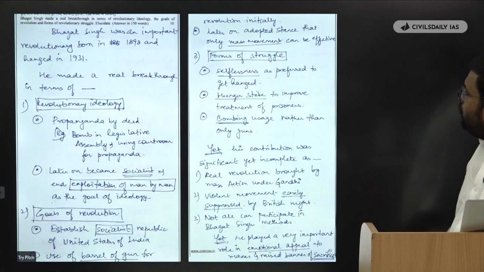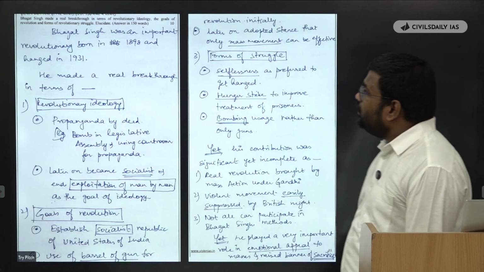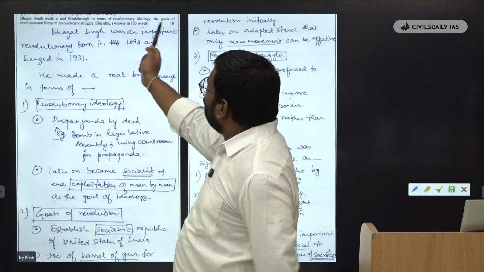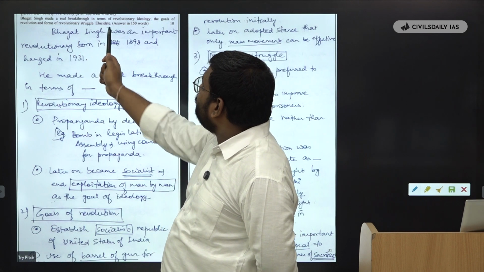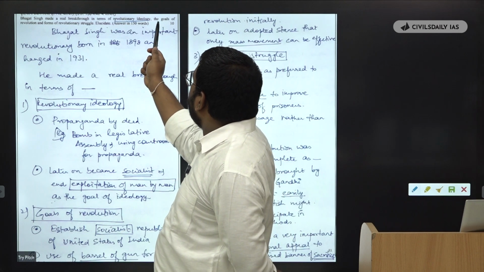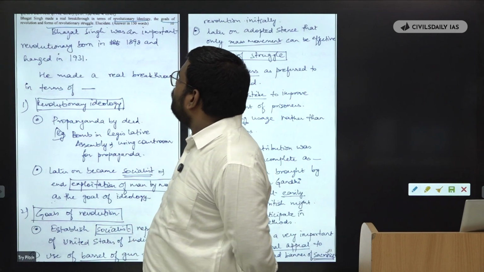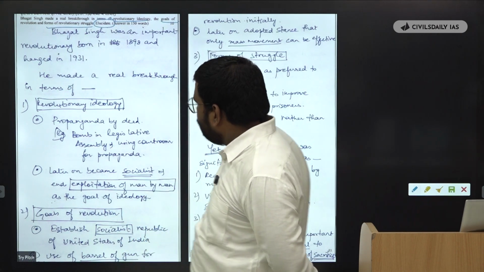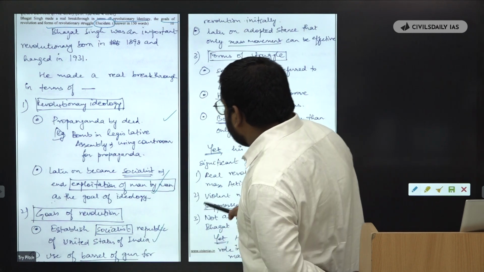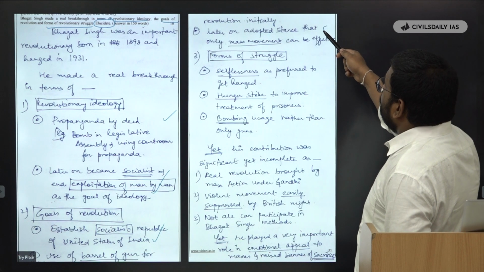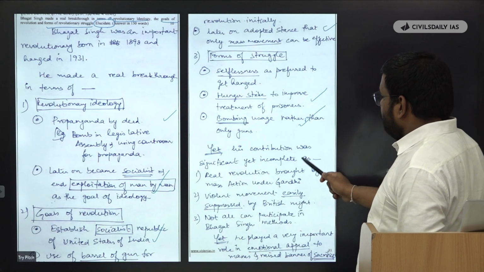For example, if you see again Aditya Srivastava, he has again used 70-30. Bhagat Singh made a real breakthrough in terms of revolutionary ideology, goals of revolution and forms of revolutionary struggle. Again, the three dimensions they have already given: revolutionary ideology, goals and forms of revolutionary struggle. Elucidate. The only thing, each and every point if you see is substantiated using the proper examples. ठीक है, so hunger strike, bombing.